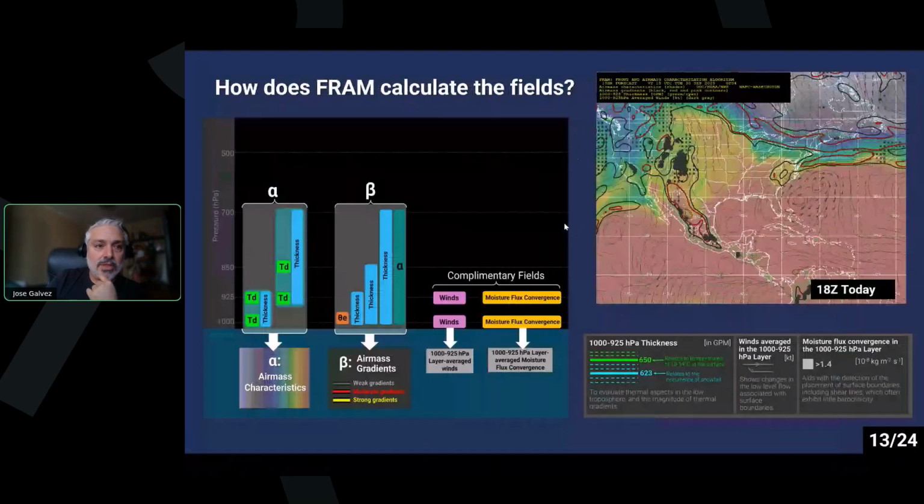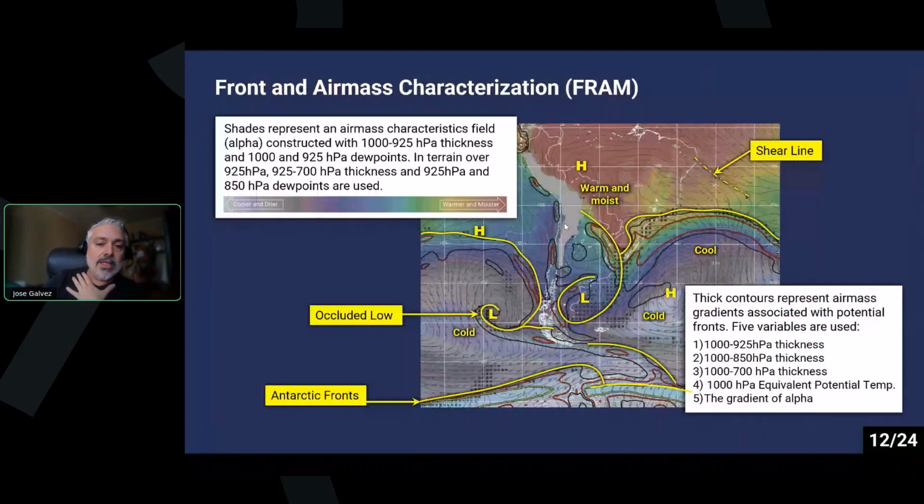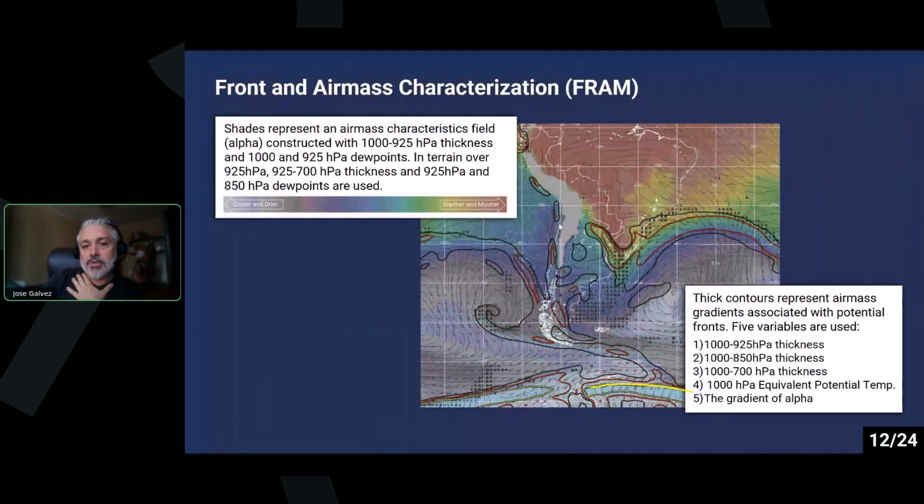So I'm just going to go here to an example. This is for the Southern Hemisphere. This would be the algorithm output for a random day. This is not today, this is a random day. You will see that you have a shaded field in the background. This is a field that speaks about the characteristics of the air mass in terms of moisture and temperature.